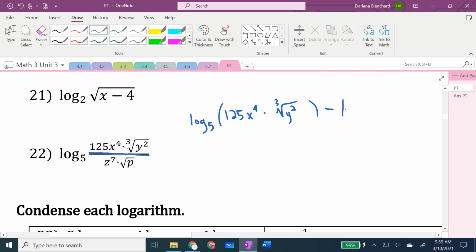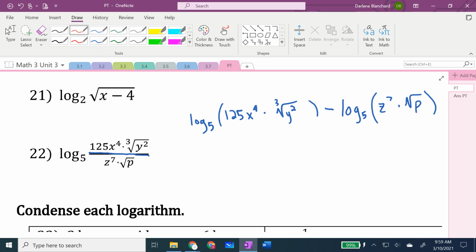Then minus log base 5 of the entire denominator. If you see more quickly how to expand, feel free. But I'm just going to do this slowly so that it makes the most sense if you need the help.